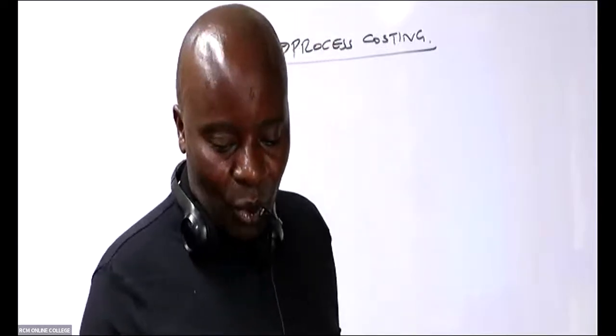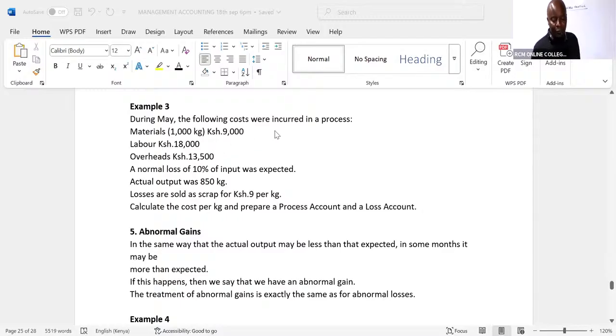So, ladies and gentlemen, this is what we are told here. I want to start with a question that I did yesterday for purposes of a recap. This is example 3. During May, the following costs were incurred in a process.